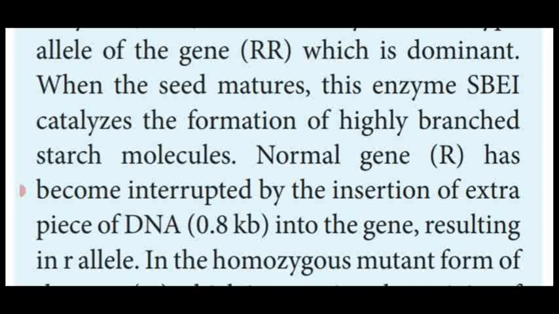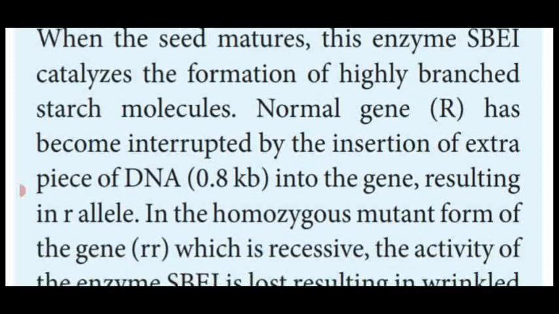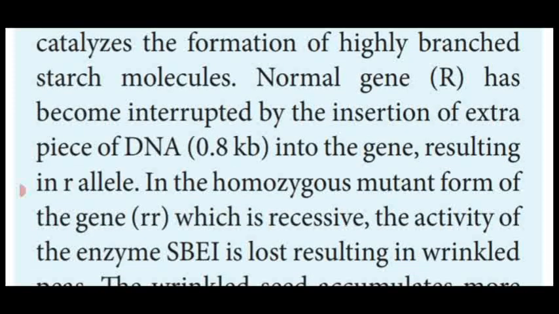At the time, the normal gene R is interrupted by an extra piece of DNA, that is 0.8 kilobase of DNA, which is inserted into the normal gene R, resulting in the recessive r allele.